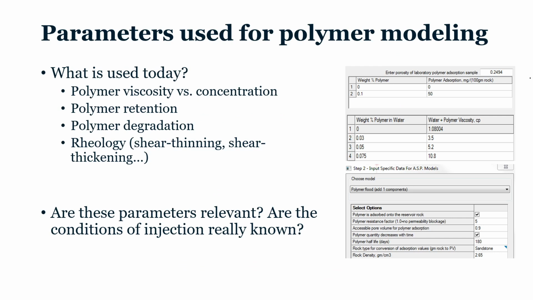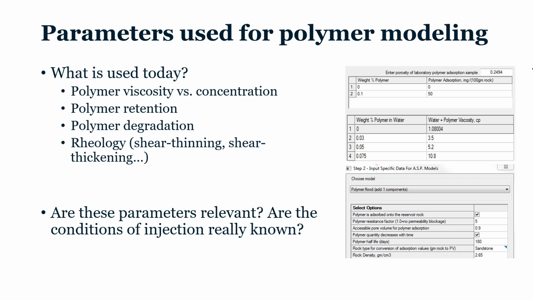What's used now in the 3D simulators? So you have very often viscosity versus concentration, retention, degradation, some keywords to model polymer degradation. The thing is, all these things are representative of the field and the core. So in most cases, the answer is not sure.